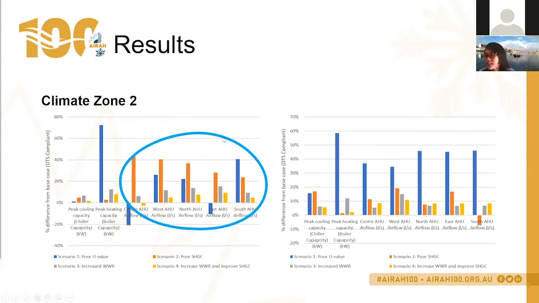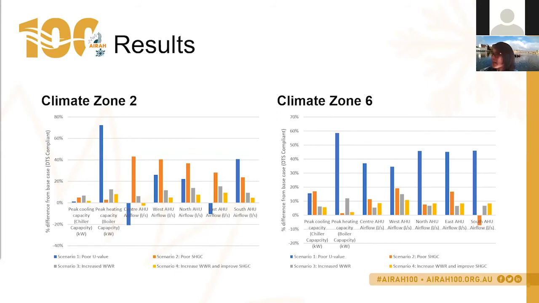Forgetting about the detail in there, we can see that overall, with reduced performance, or lower U value and higher solar heat gain coefficient, in most cases the amount of airflow that's required to counter poorer building fabric performance increases. Now, there are some exceptions. In the center zone, when you increase your U value, the center zone airflow requirement drops. Same thing with east, very slightly.